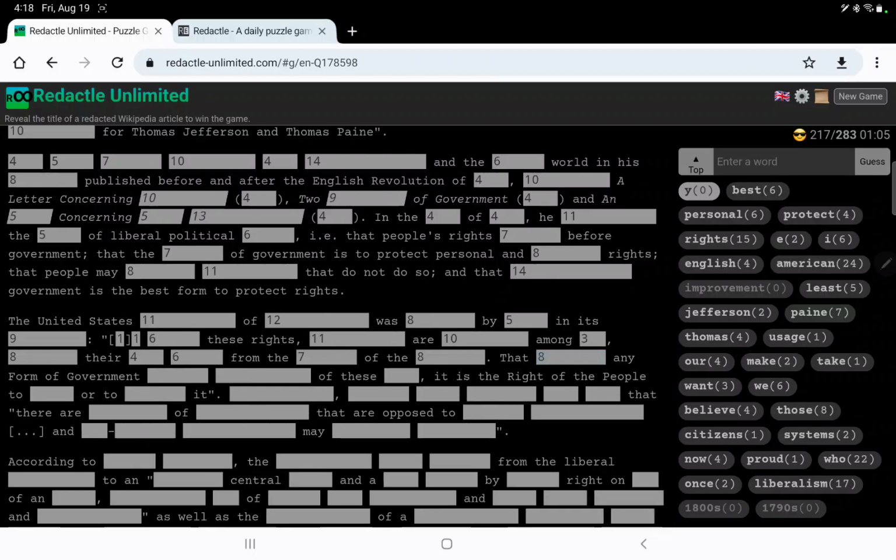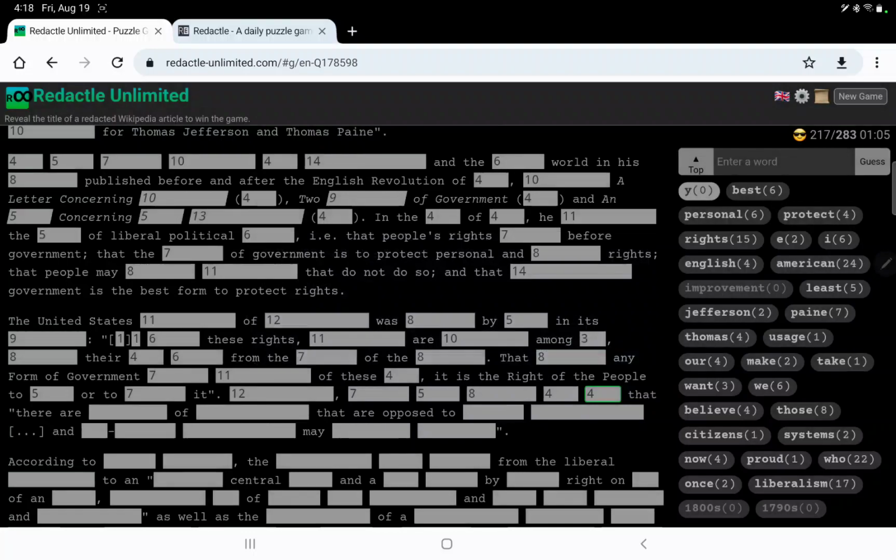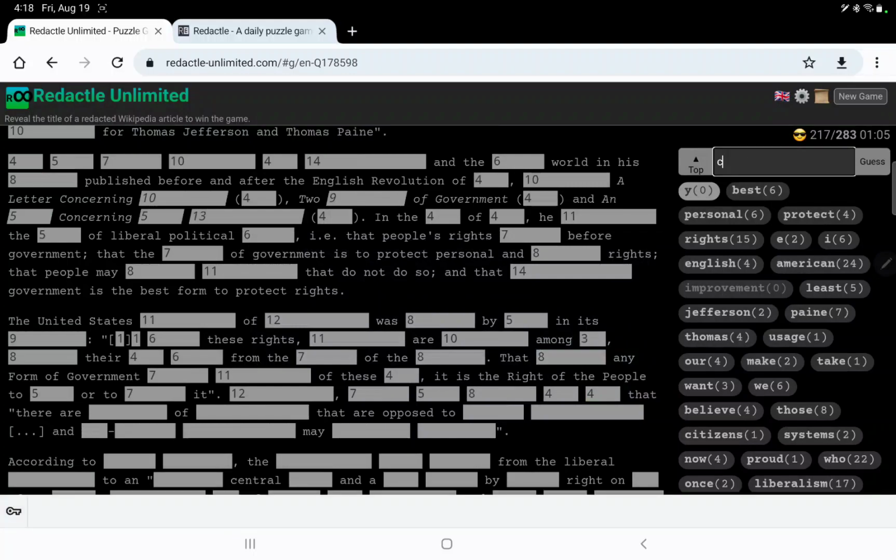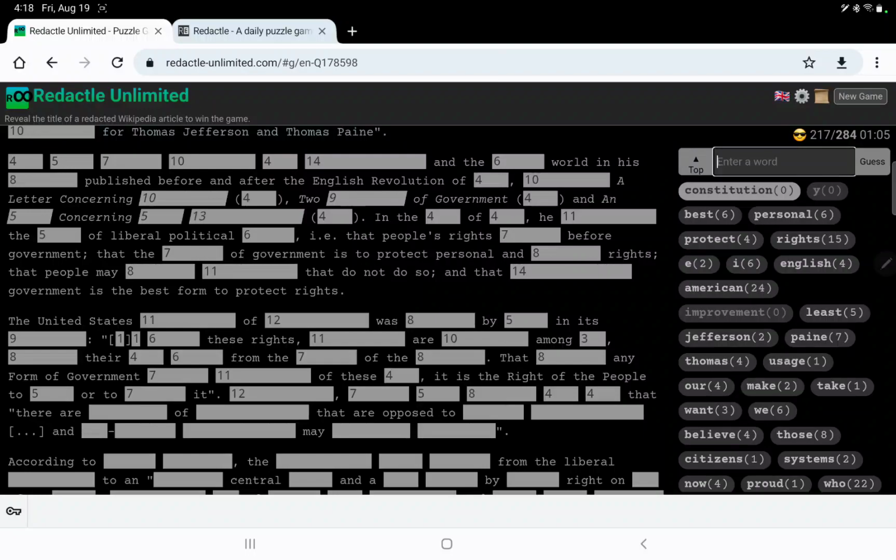From the 7 of the 8, that 8, any form of government, 7, 11 of these 4, it is the right of the people to 5 or to 7 it. Oh, I thought we were going to get the Constitution. Well, let's try Constitution. Let's get our focus first. No Constitution.